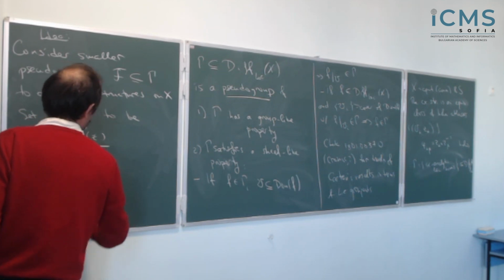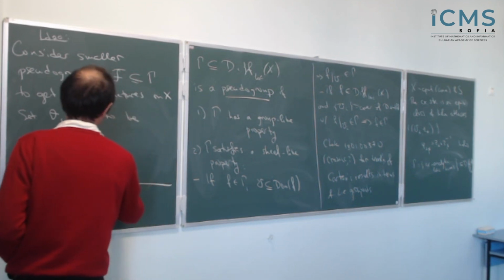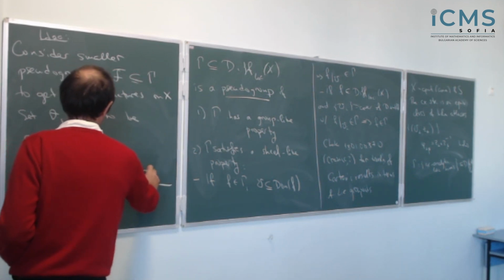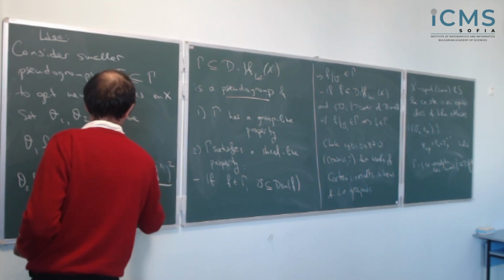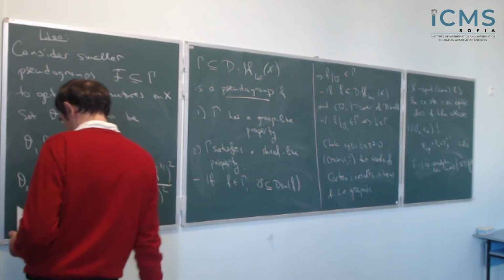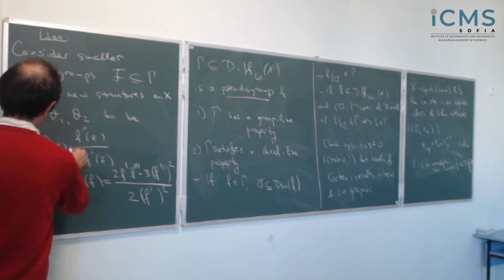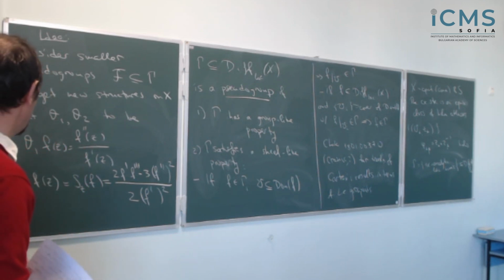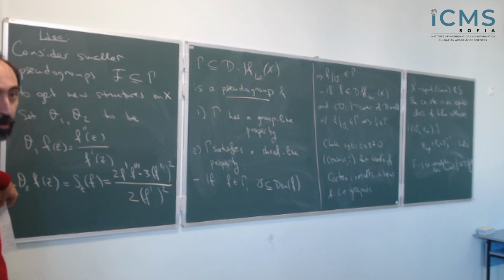We have a number of ways of writing it, right? So we can think of it as 2f prime f triple prime minus 3 f double prime squared, divided by 2 f prime squared, of z. By the way, of course, there are multiple ways of writing the Schwarzian derivative.